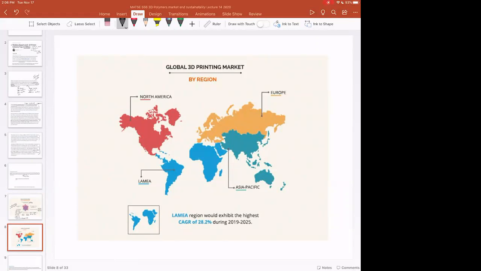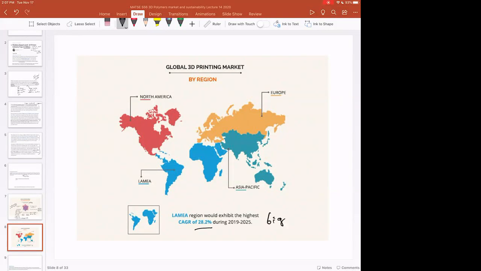So in this, just depending on your interest in the world and where you might want to get a job or settle down, there's a lot of 3D printing going on all over the place. And you see the growth rate in Latin America and Africa is high for additive manufacturing. So even though, let's say, the industrialization base in Africa is not as high as it is in Asia, there's huge growth potential, especially in under-resourced areas.